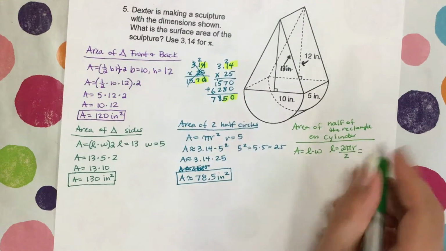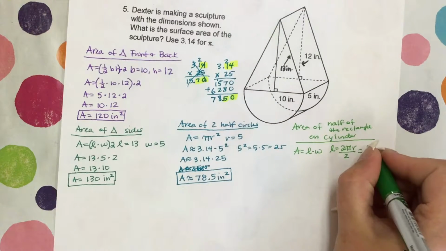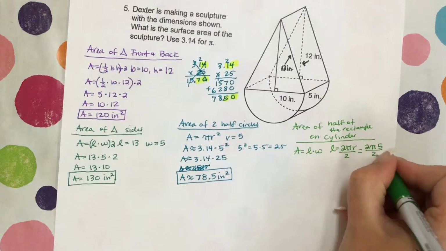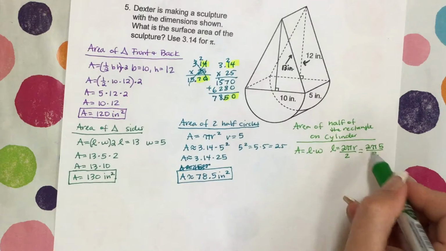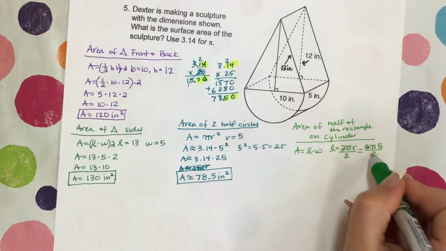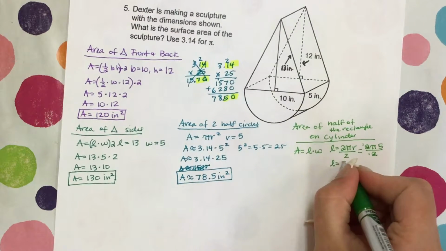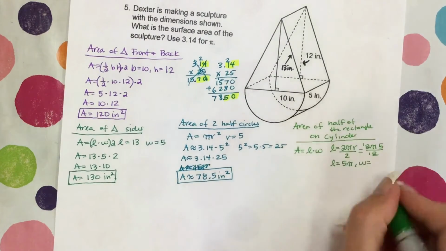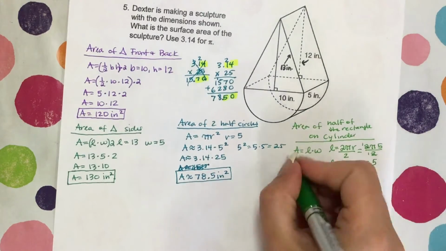And then we have to substitute, what's our radius? Our radius is 5. We have that over there. So it's going to end up being 2 pi 5 over 2. Now what I really like about this was we have 2 divided by 2. 2 divided by 2 is 1. And so this cancels out and becomes 1, and we're just left with 5 pi. So the length is equal to 5 pi, and the width is equal to 5. And so we just plug in those values.